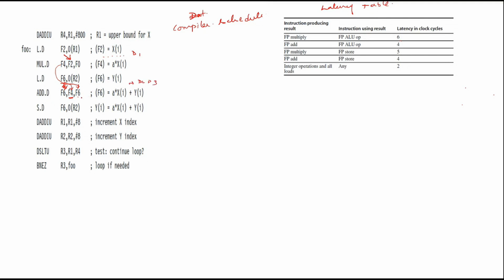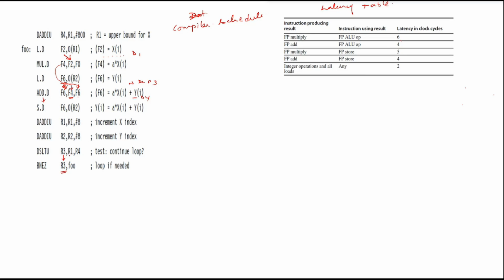Similarly, after that, there is a data dependence between these instructions: whatever it is adding is the same thing that is going to be stored. So there is another data dependence here, and here there is no dependence, so it can be done directly. But here again we have one data dependence, because the test is based on that only.